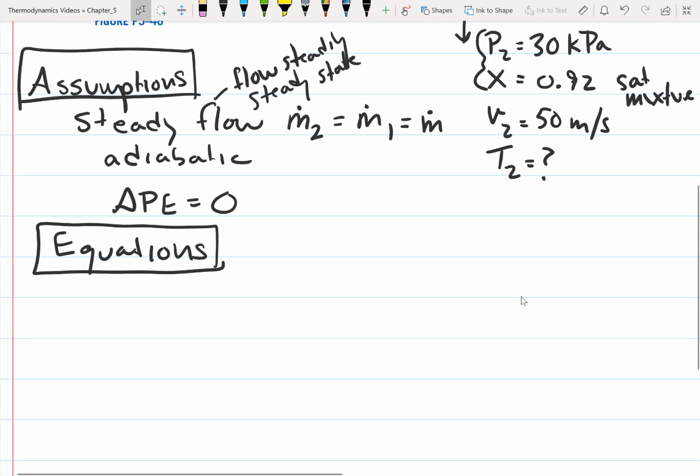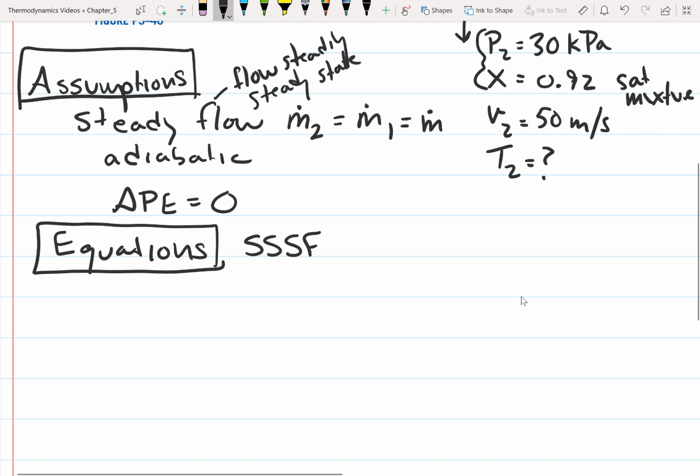So right away we know that we're going to need to do an energy balance. And so I'm going to write down the energy balance for single stream steady flow, because that's what this is. So we determined it was steady flow, and it's single stream. We only have one stream in and one stream out.